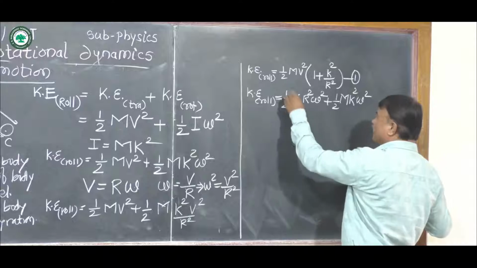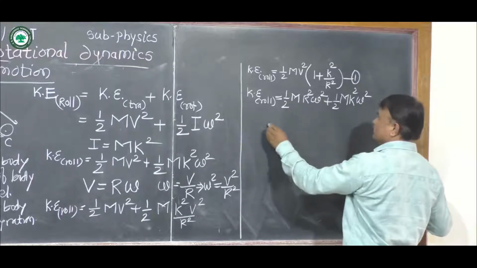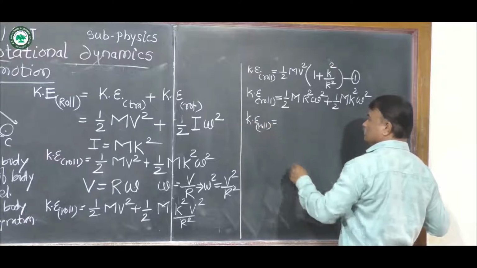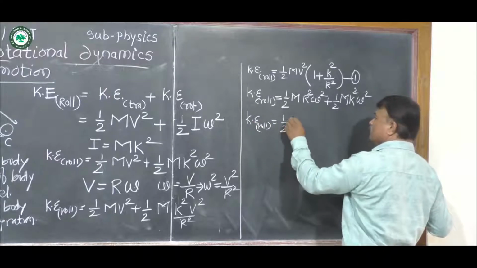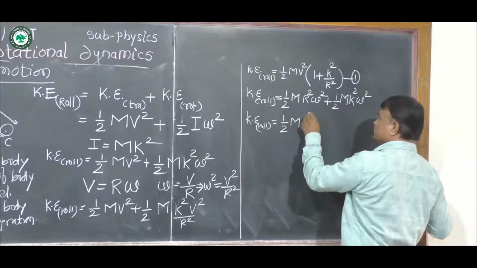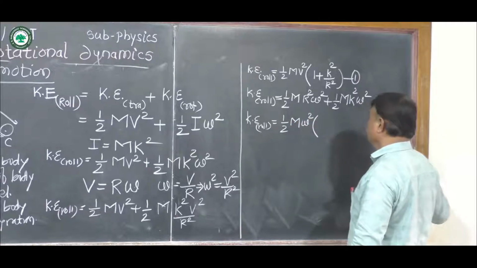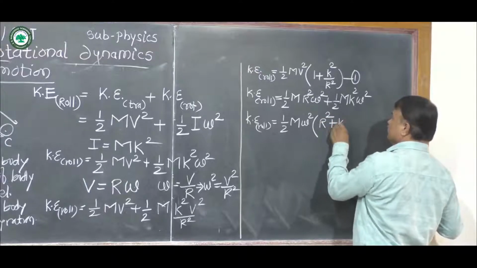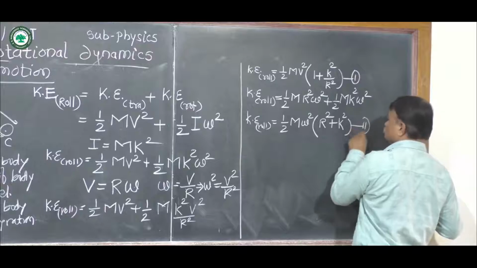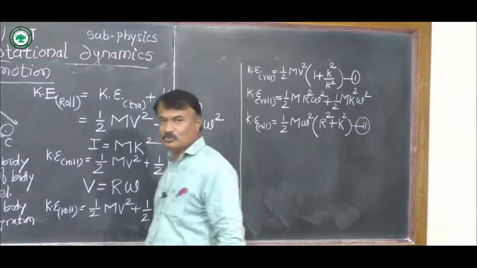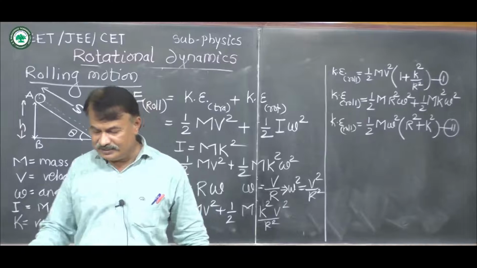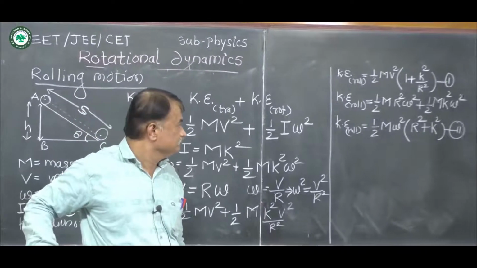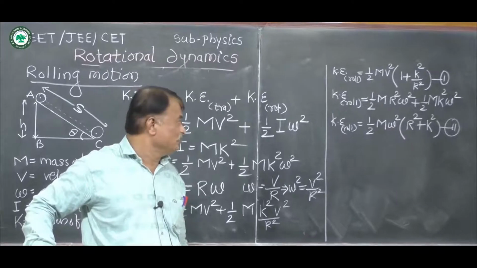By taking half m omega square common, we get the kinetic energy for rolling motion equal to half m omega square, and in bracket r square plus k square. Equation 2. This is the kinetic energy of a rolling body in terms of angular velocity.